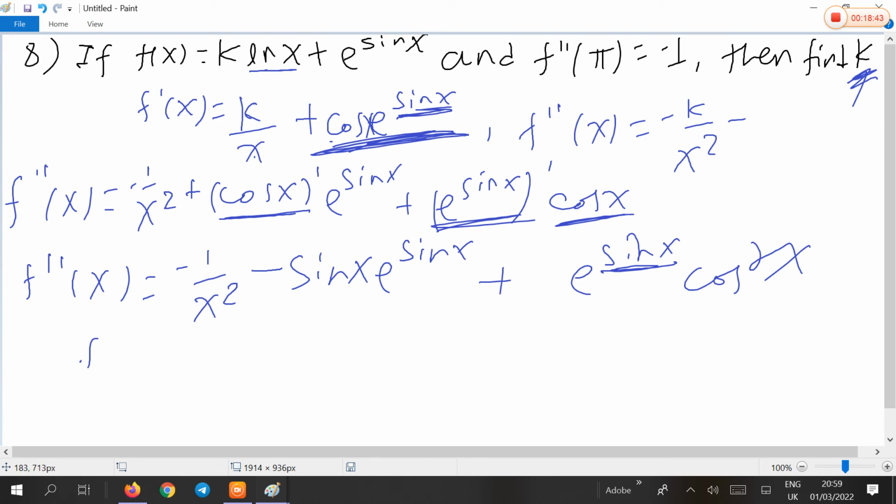So the second derivative at pi is minus 1.